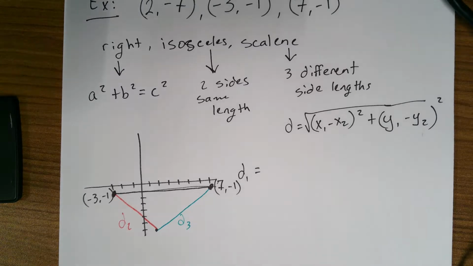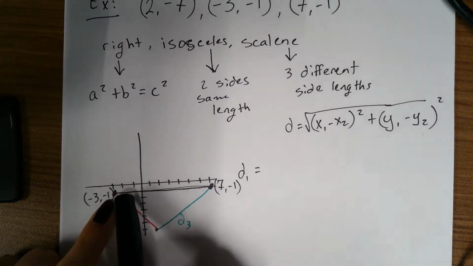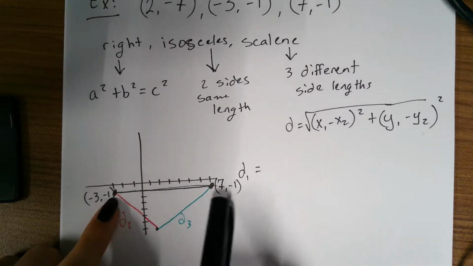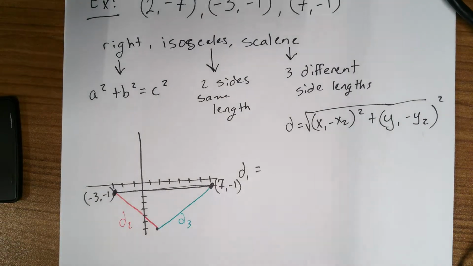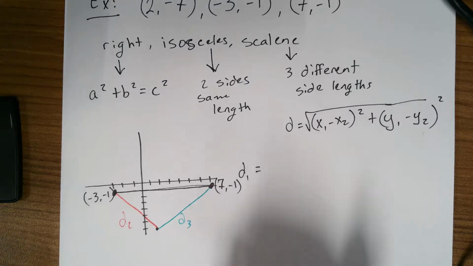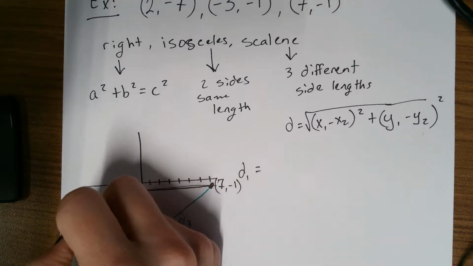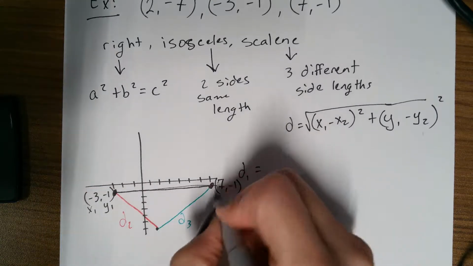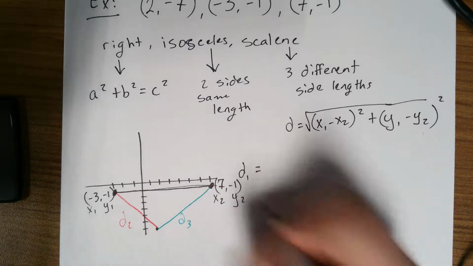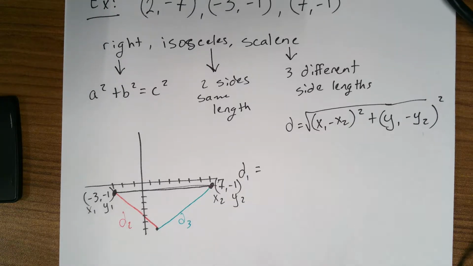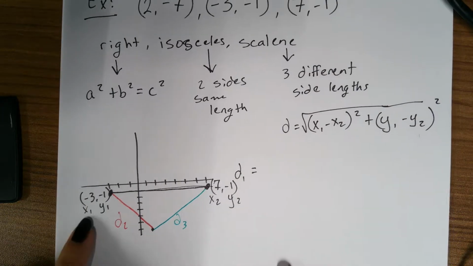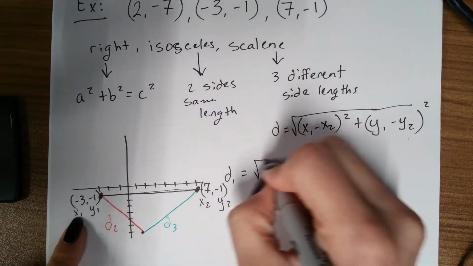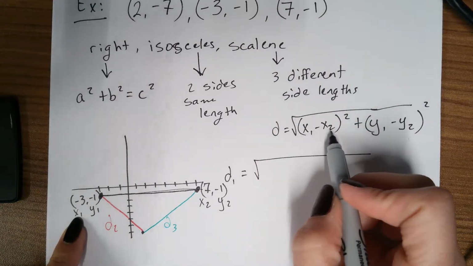Okay, I'm back. So, long story short, we need to find the distance between these two points so that I can know what the length of that side is. So let's say that this point will be our x1 and our y1 and our x2 and our y2. So we're literally just plugging these values into the formula. So I have the square root of (x1 minus x2).